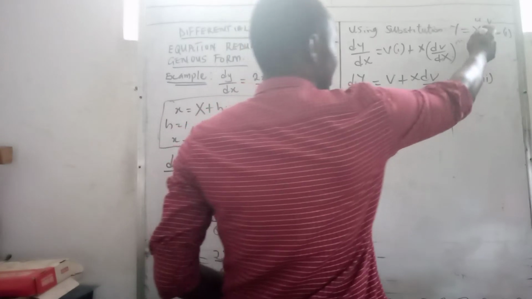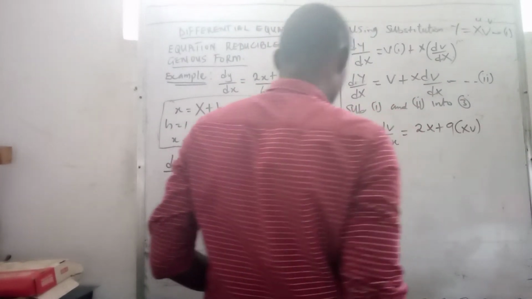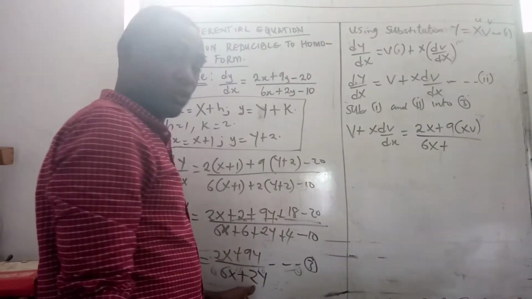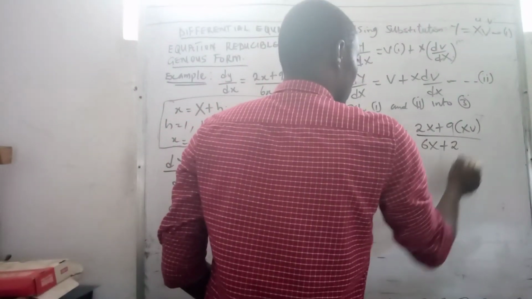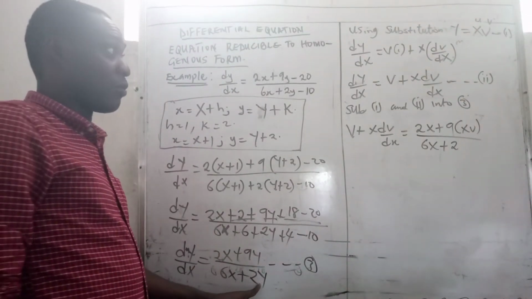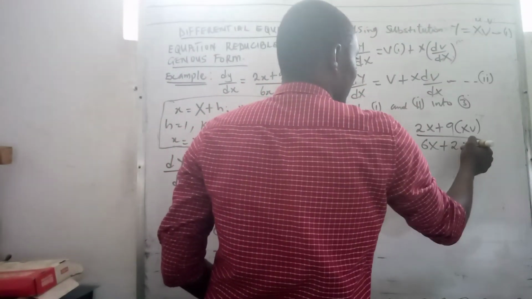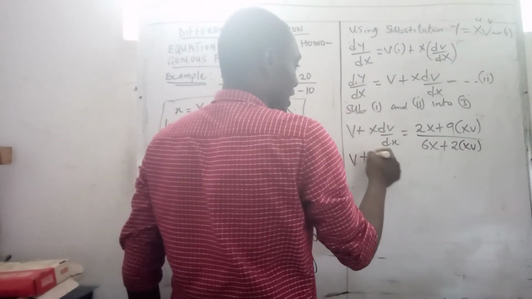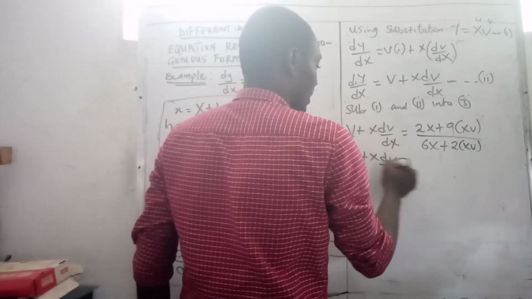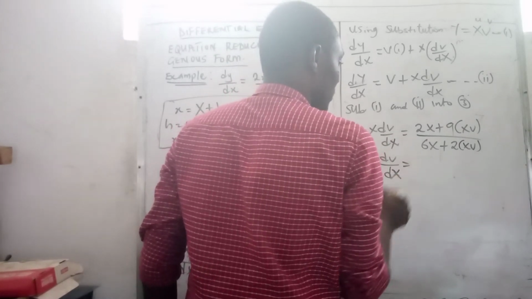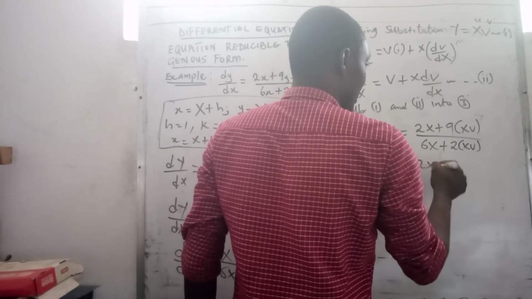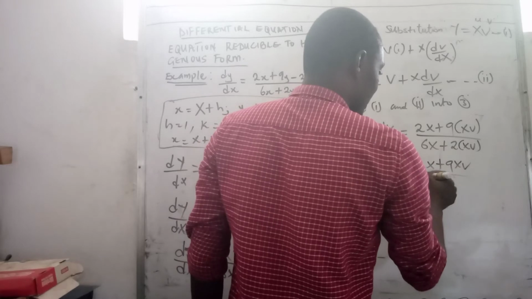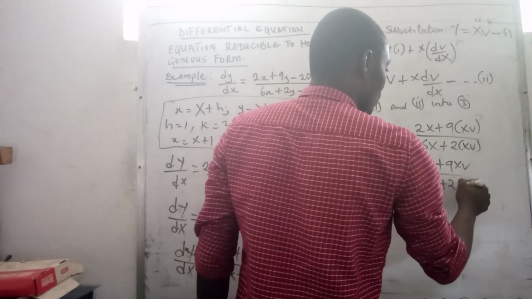So my y is xv, divided by 6x plus 2y. So my y is xv. So this is going to give me v plus x dv/dx equals 2x plus 9xv all over 6x plus 2xv.